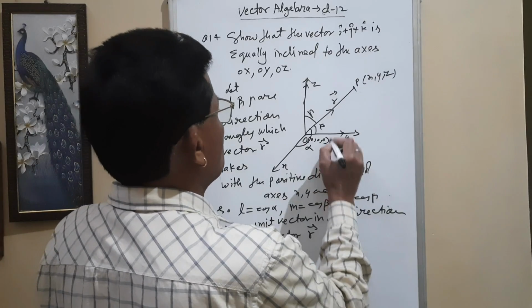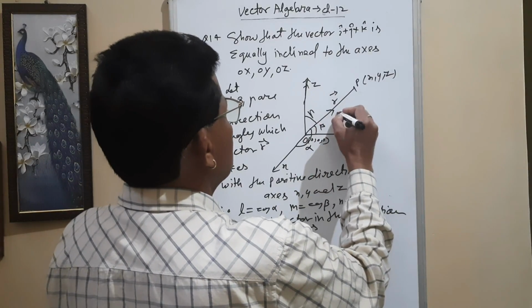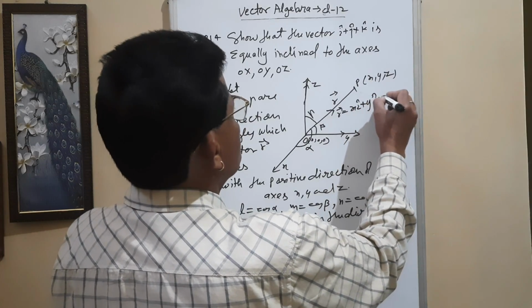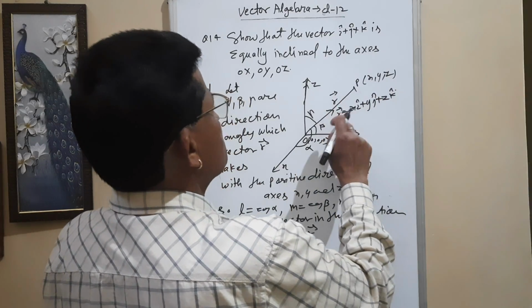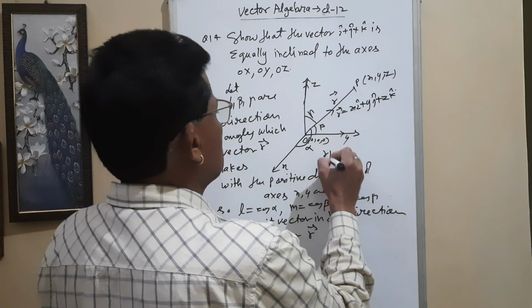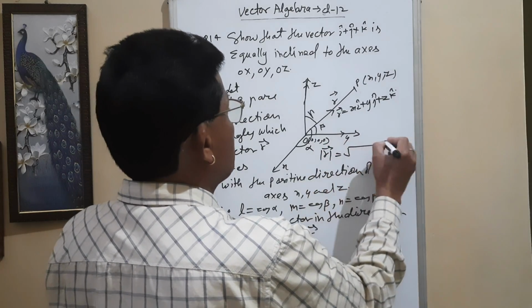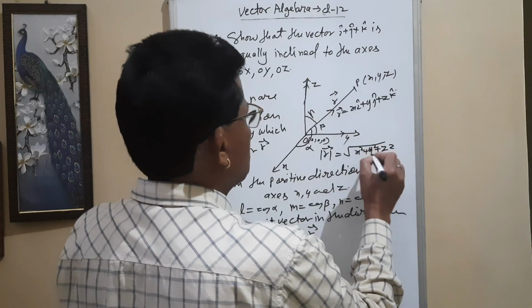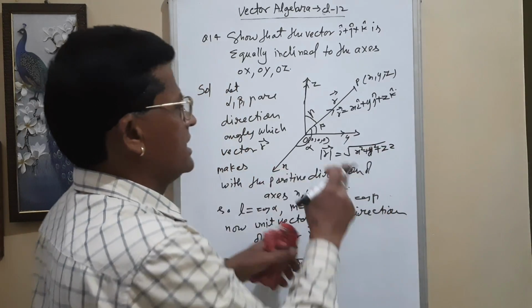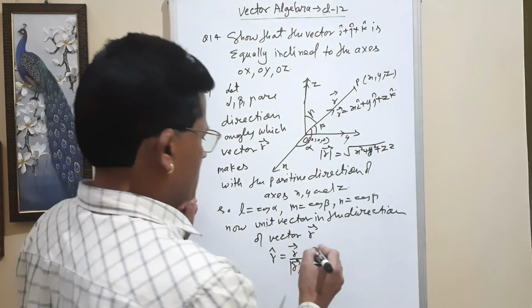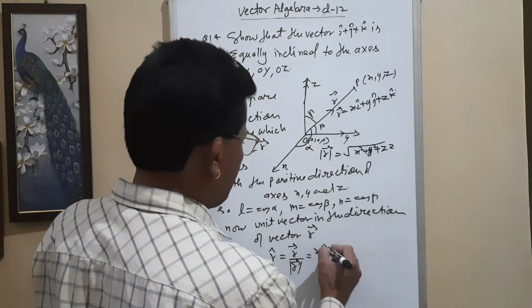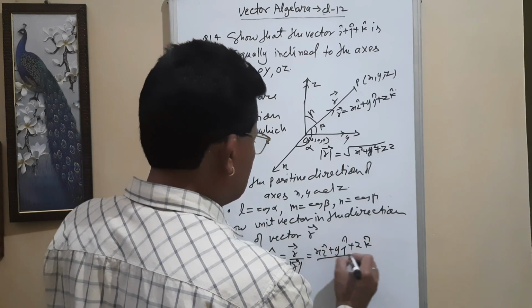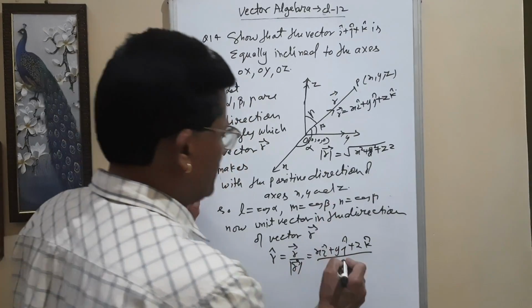Let me write the magnitude of this vector. This is the vector R, equal to xi plus yj plus zk, and its magnitude will be equal to what? Repeatedly I am telling you, the magnitude is root of x square plus y square plus z square. In my previous videos I have discussed in detail how you can find the magnitude of a vector.